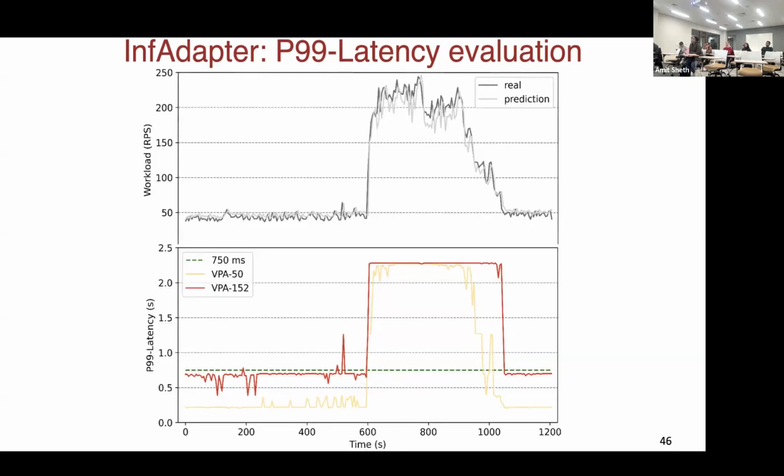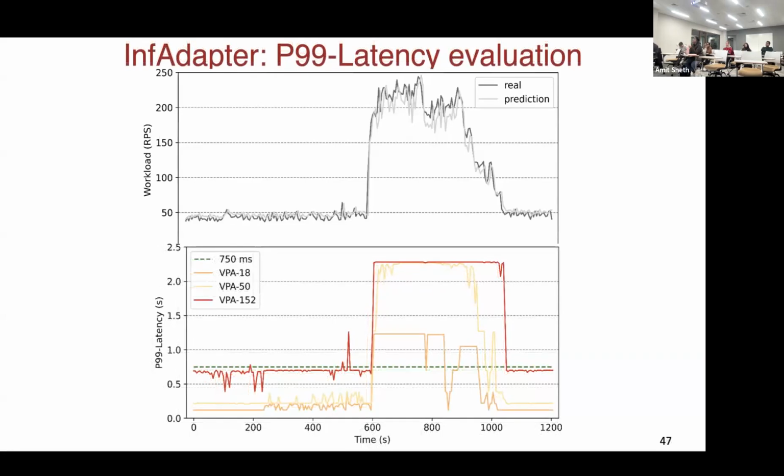This curve is the latency for VPA 50, a smaller model controlled by VPA. Again, none of these is our solution. And this orange one is the third one, VPA 18, again a smaller model. You can guess now why the latency is lower here: it's smaller, consumes fewer resources, and is less expensive.